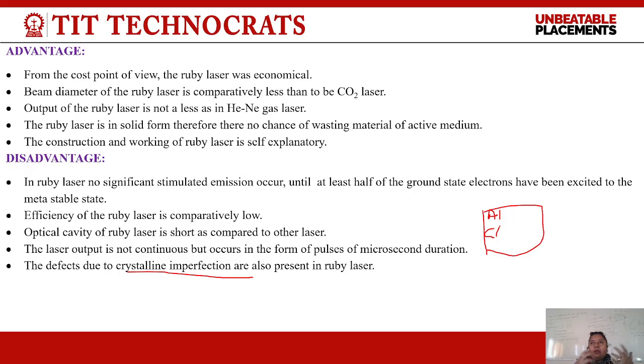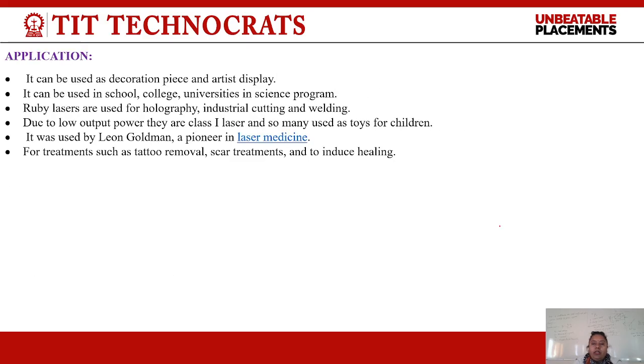Aluminum ions are not excited by this blue or green light. So we are sending the energy, but it is not received by the active centers. So crystalline imperfections are also one of the most important disadvantages of the ruby laser.